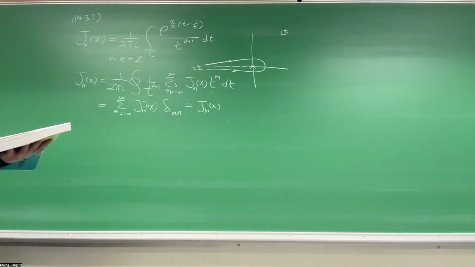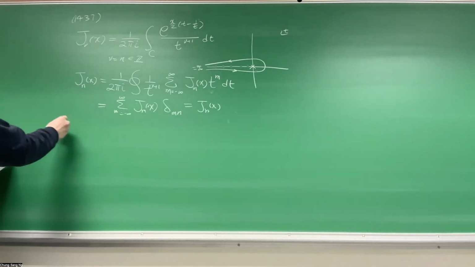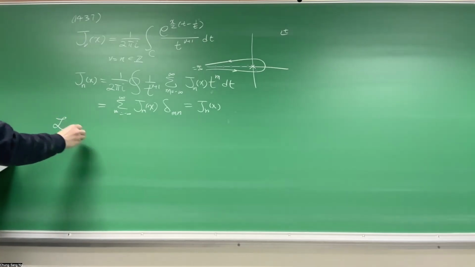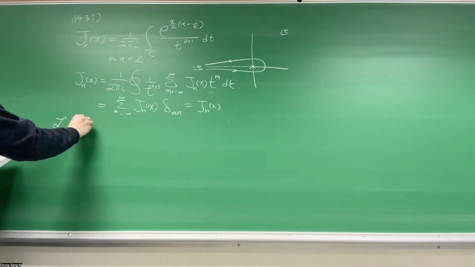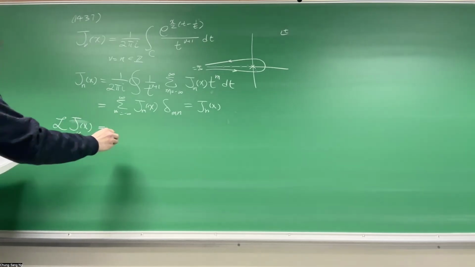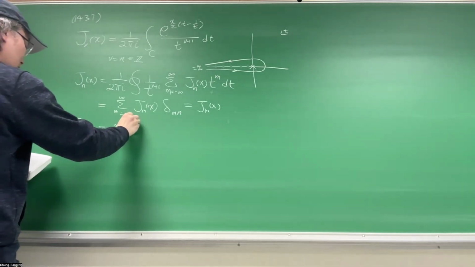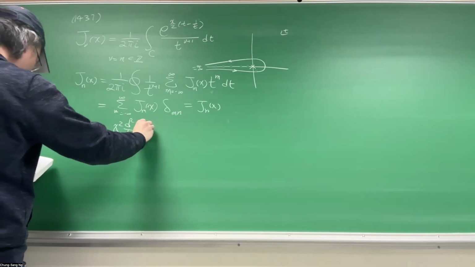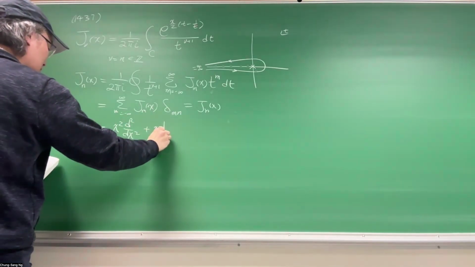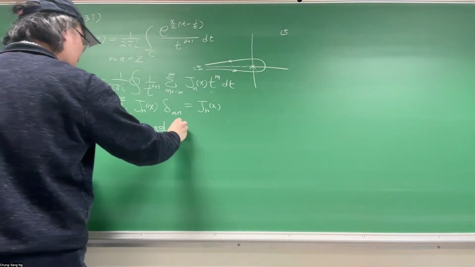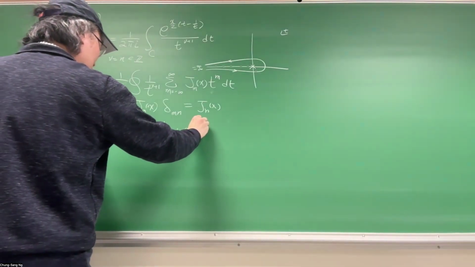So the equation is the operator on J nu of x, which is defined as x squared d squared dx squared plus x d dx plus x squared minus nu squared.